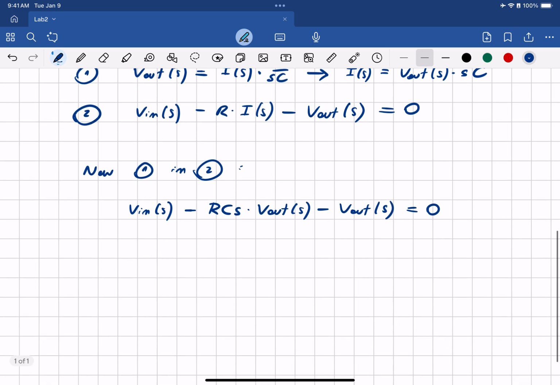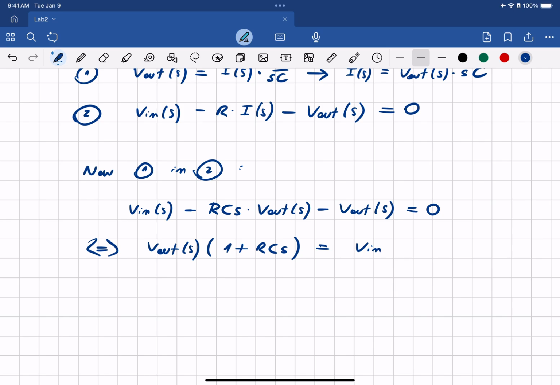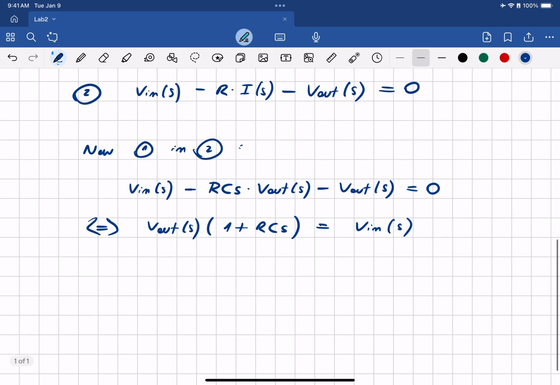Putting everything together, we should have V out of S times 1 plus RCS equals Vin. I moved Vin to the other side, so we have all positive signs here.